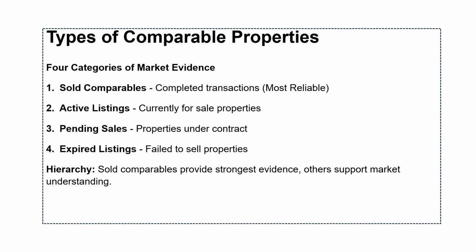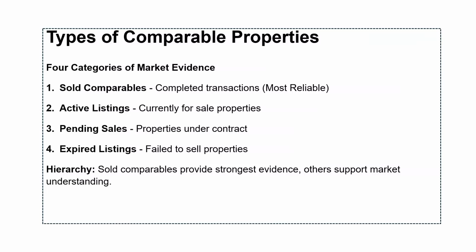And then we have expired listings, those listings which were put on these property portals a long time back. Somebody wanted to sell their property but has not been able to do that successfully. Maybe the price is too high, maybe there is no buyer available in that area. So these are the different types of comparable properties.